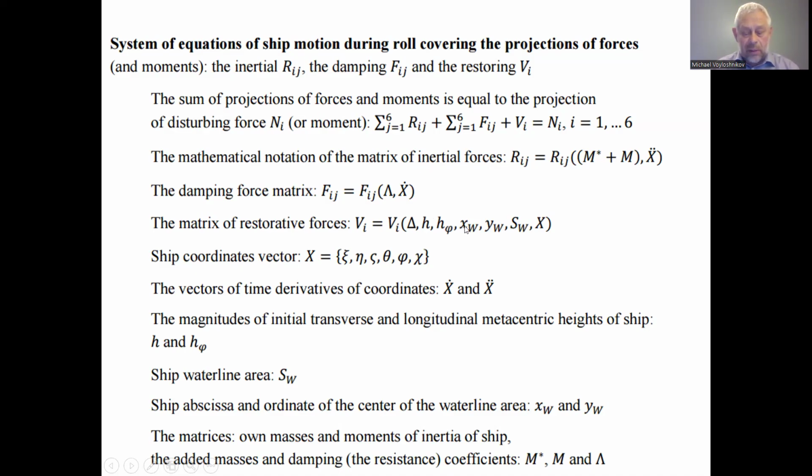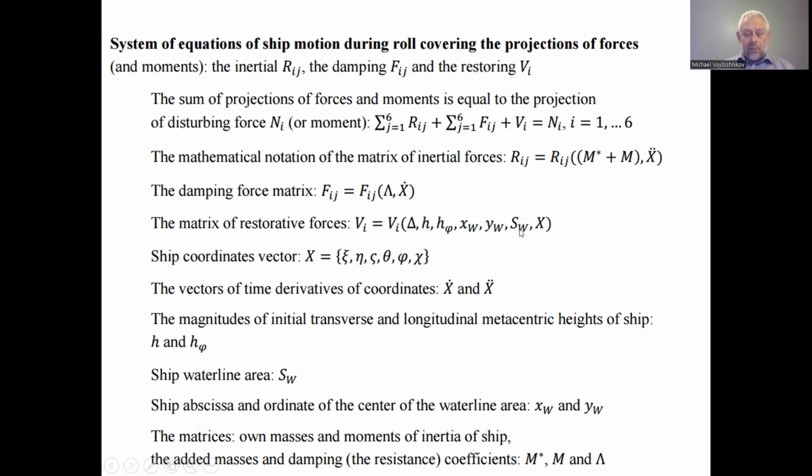So xw is the longitudinal location from the reference point of the coordinate system to the point of the center of area of the water line. So the horizontal section of ship hull by the water line characterizes the location of the center of the area of the water line, this abscissa of center of the area, this ordinate of center of the area of the water line, if we assume the ship symmetric, and if the coordinate system reference point is located on the plane of symmetry of ship, yw equals 0.